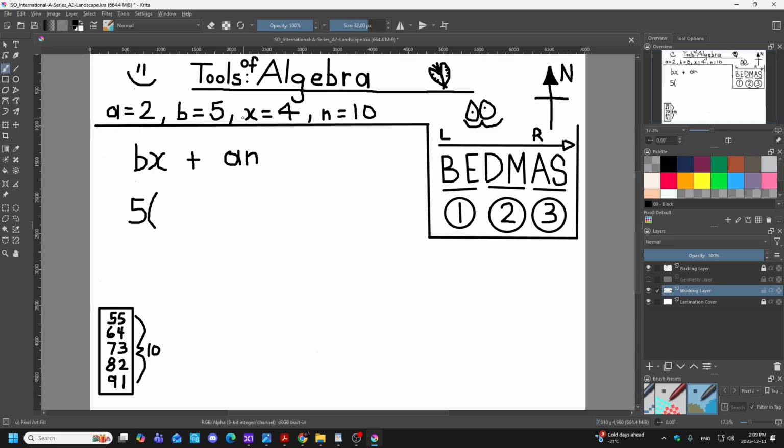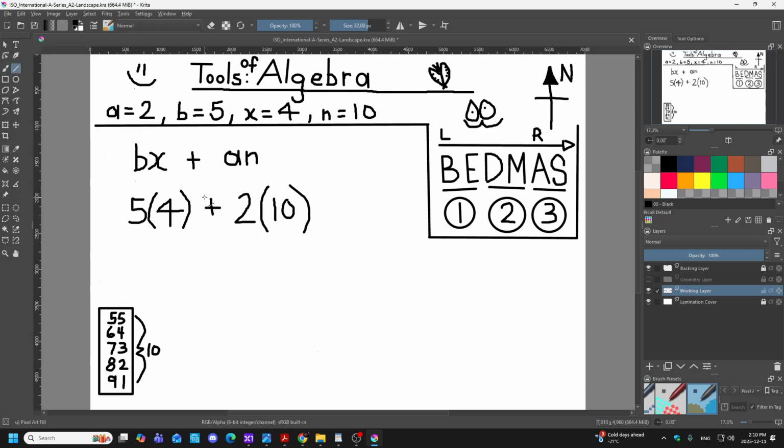What is X? X is 4. Close bracket, plus A is 2. Bracket, because again, we're multiplying, times 10. N is 10. Now we solve, okay?